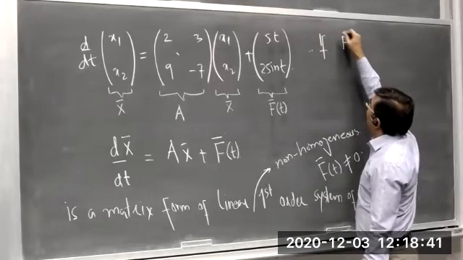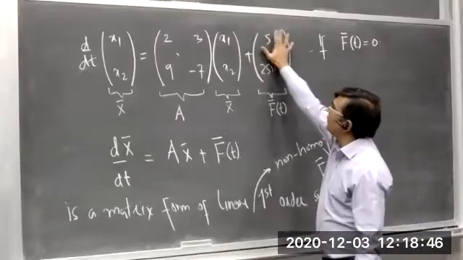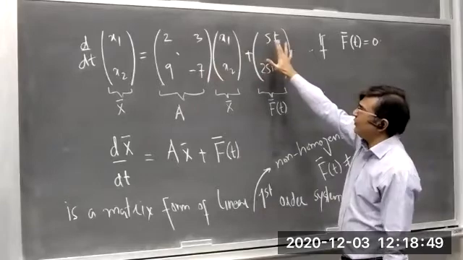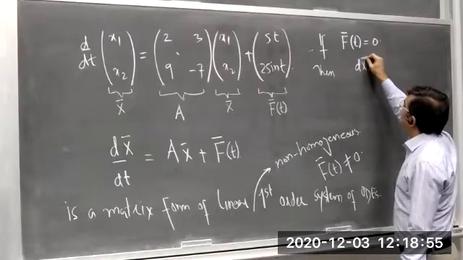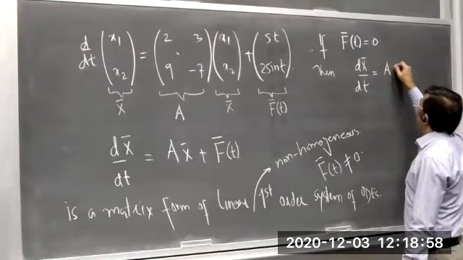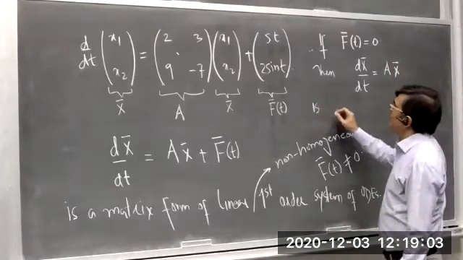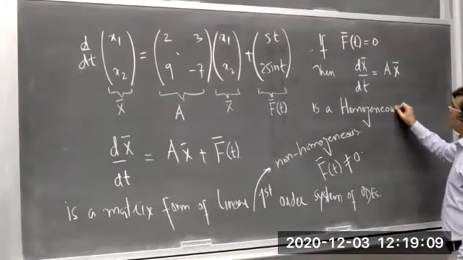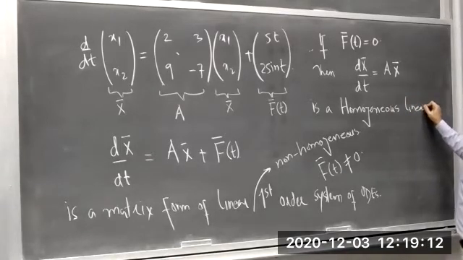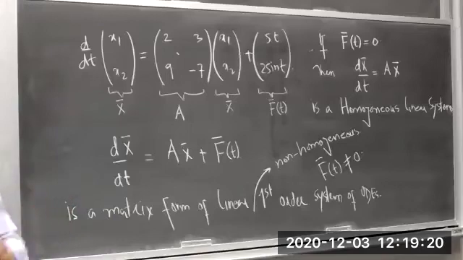If this vector is 0, for example, if we don't have this vector in that system of first order ODEs, then we get dx by dt is equal to A times x, and it is called a homogeneous linear system of first order differential equations. I hope you get it. If you have any question, you can ask me.